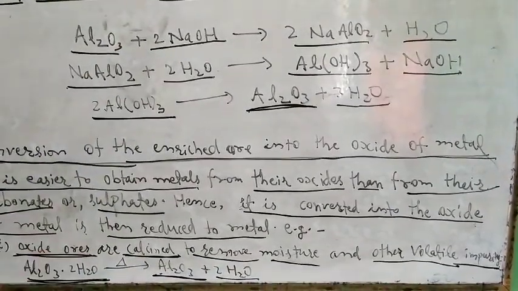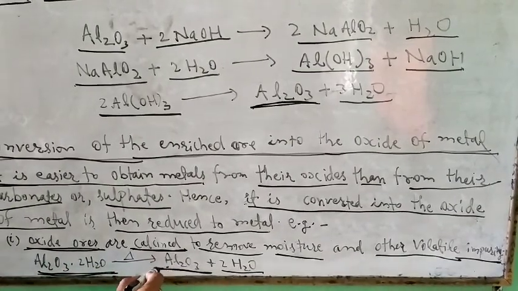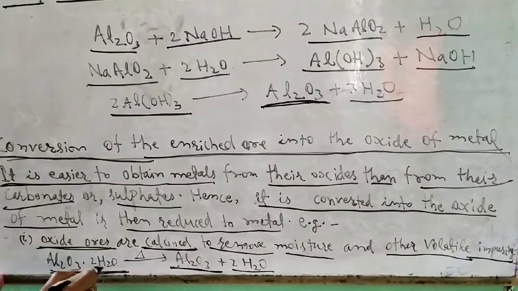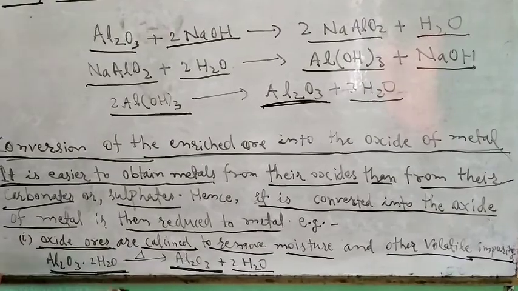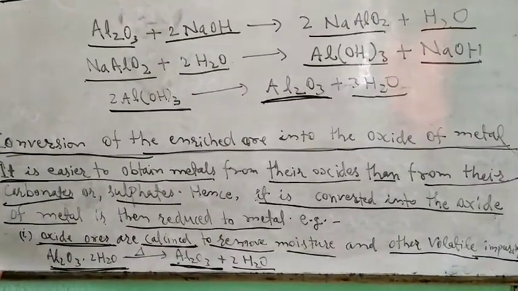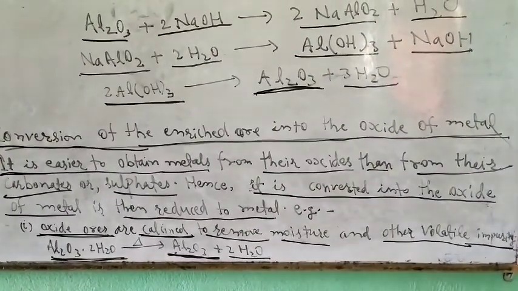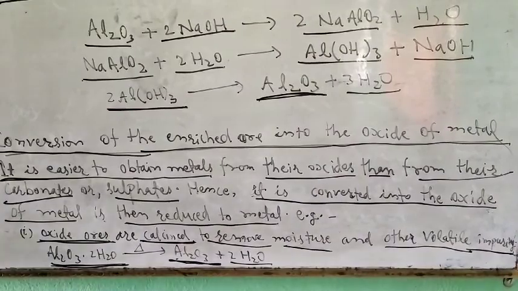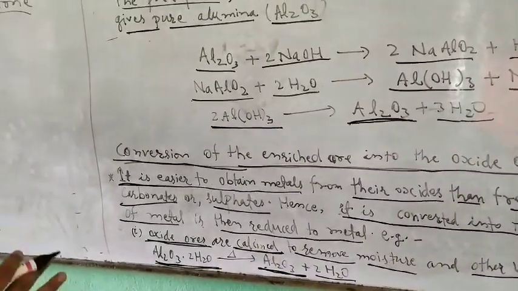So in this way, an oxide ore containing water of crystallization can be converted into alumina, to get the metal from its oxide by reduction further. We will explain the next process in the next class.